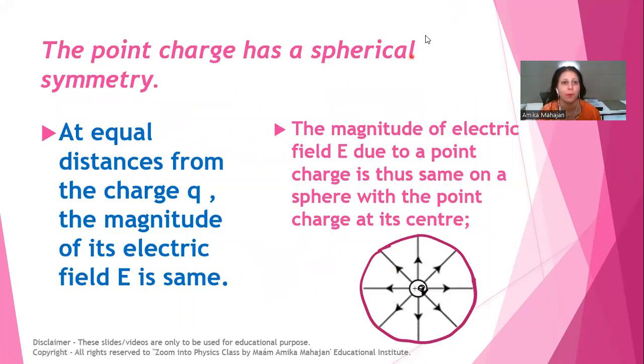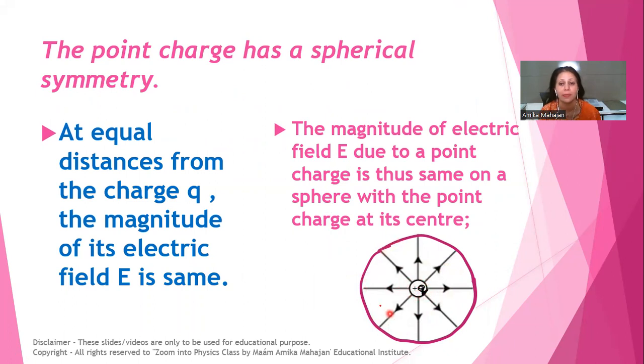Now, a very important point, that point charge has a spherical symmetry. What is the meaning of this? If I have a charge plus Q here, then if I take the same distance away from the point charge plus Q, because it is a positive charge, electric field lines are radially outwards.